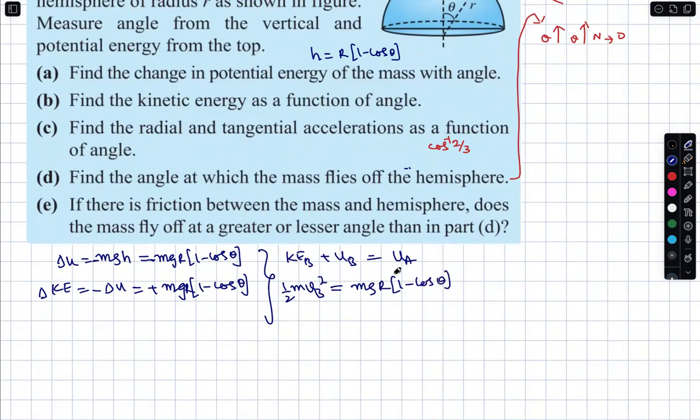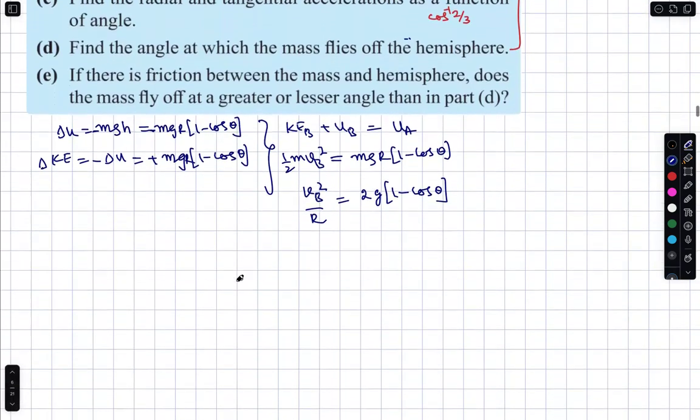That we know, difference of potential energy. That's what we calculated just now, right? Gain in KE is plus mgR times 1 minus cos theta. So VB square by R is 2g times 1 minus cos theta.